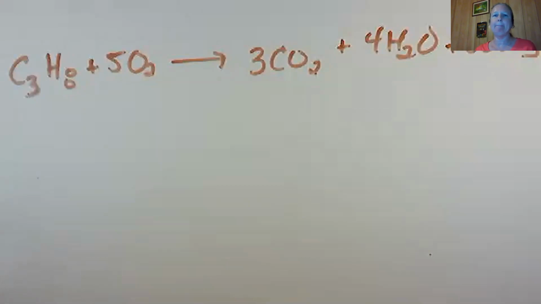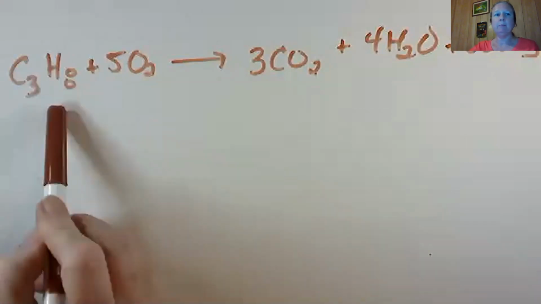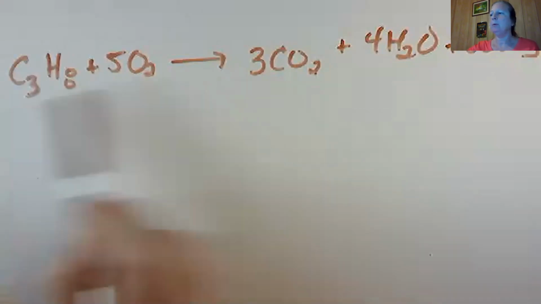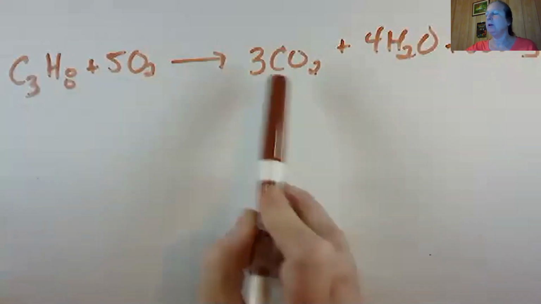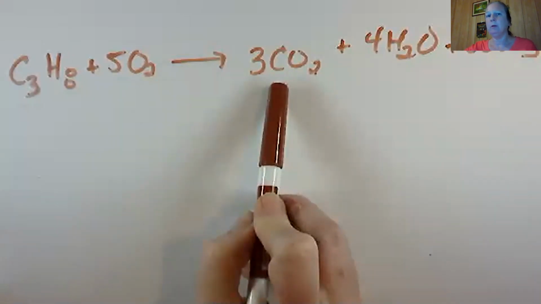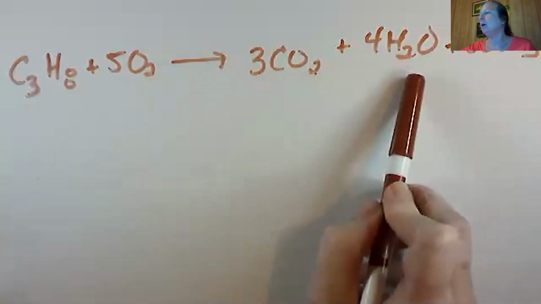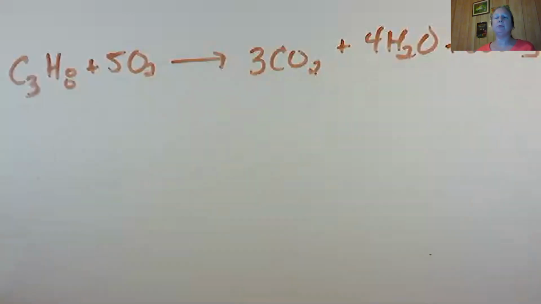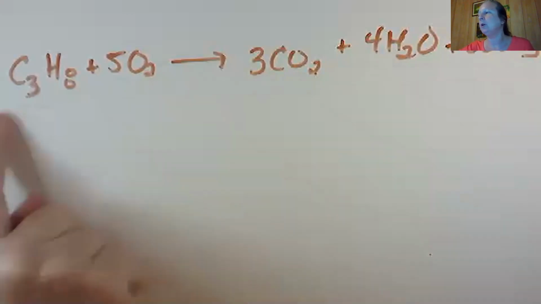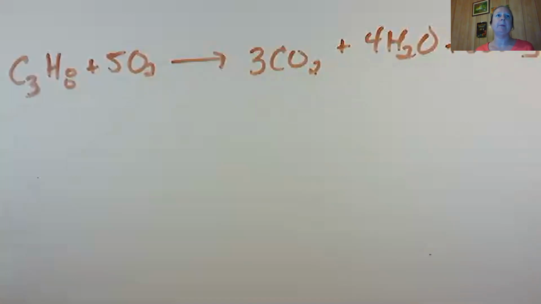Okay, propane: 1 mole propane, 5 moles of oxygen gas produce, it's a combustion reaction, 3 moles of carbon dioxide and 4 moles of water vapor, and releases 200 kilojoules of energy. For this specific ratio, you get that much energy.